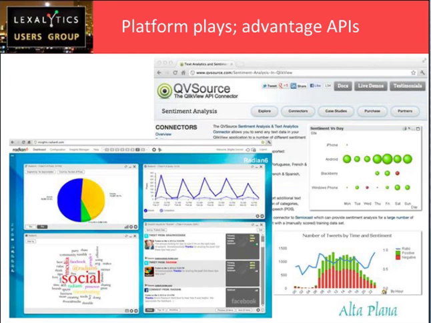Lexalytics is one of several sentiment text analysis providers that plugs into Radian 6 in order to enrich the platform that they have. Similarly, via this ClickView API connector, you can pull information in from a whole wide variety of enterprise systems and textual and other sources into their tool for analysis. So, this is a solid trend.